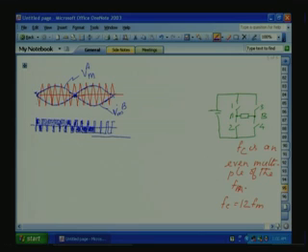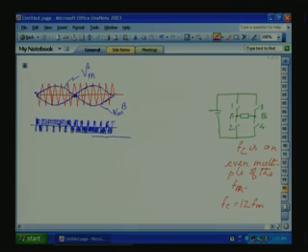So this is the way it changes. So VA0 will be like this. Same way we can write VB0 also. This is VDC by 2, this is minus VDC by 2.